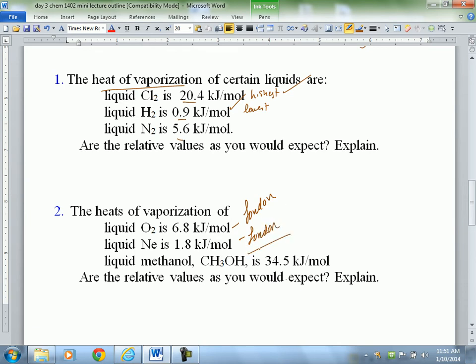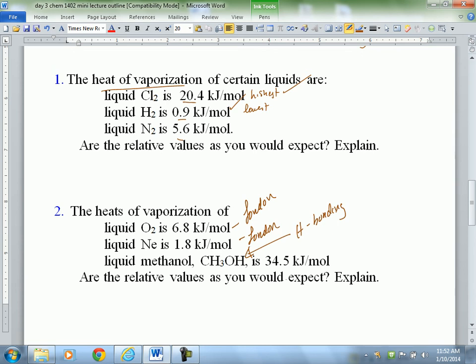Then you have methanol. H bonding. So don't even look at the numbers. You expect this guy to have the highest enthalpy of vaporization. These two, whichever one has a bigger molar mass will be bigger, and oxygen is bigger. It's 32. Neon is only about 20-something, right?